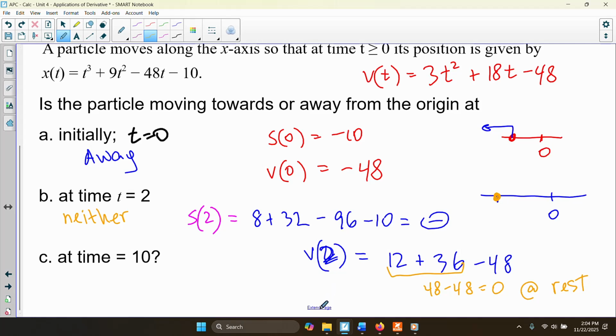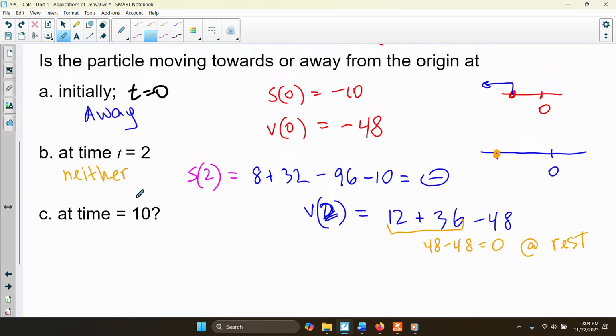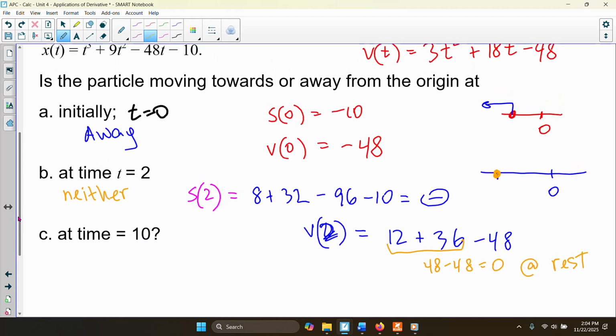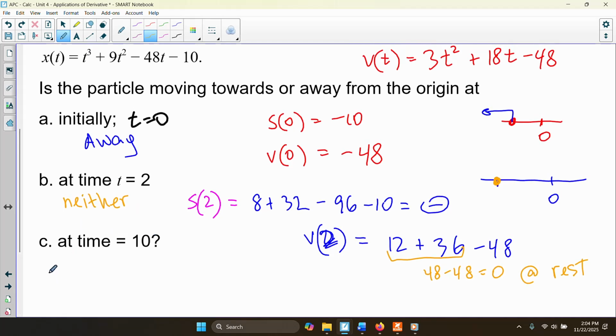Okay. And I might as well do the next one, at t equals 10, only because I want to get here. We have away, we have neither, and it'd be nice to have a toward, for symmetry. All right, so let's plug 10 in. So x of 10, and the number's going to get big. Maybe I don't want to do 10.